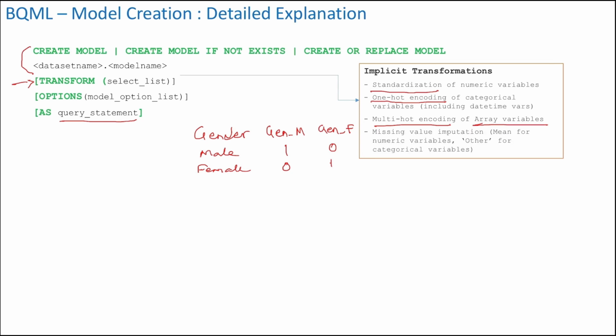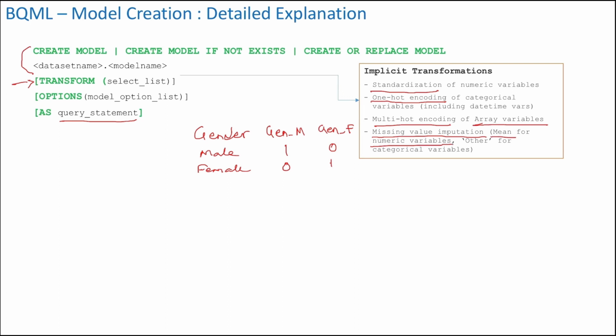And finally, another critical task when you are developing machine learning models is to impute missing values, right? If the data has too many missing values, then it will render it useless for deriving meaningful insights, and hence a lot of times you do need to impute missing values. So what BigQuery does for numeric variables is a mean value imputation, right?